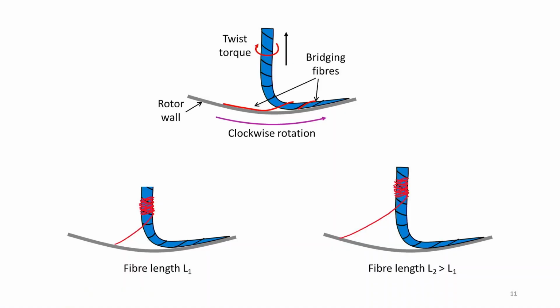Now, we can see the effect of bridging fiber here. Initially the twisting is in this fashion. Now, when the twisting torque is created and it is flowing up to the peripheral twist extent, bridging fiber will start wrapping over that, and this wrapping creates the fiber belts.